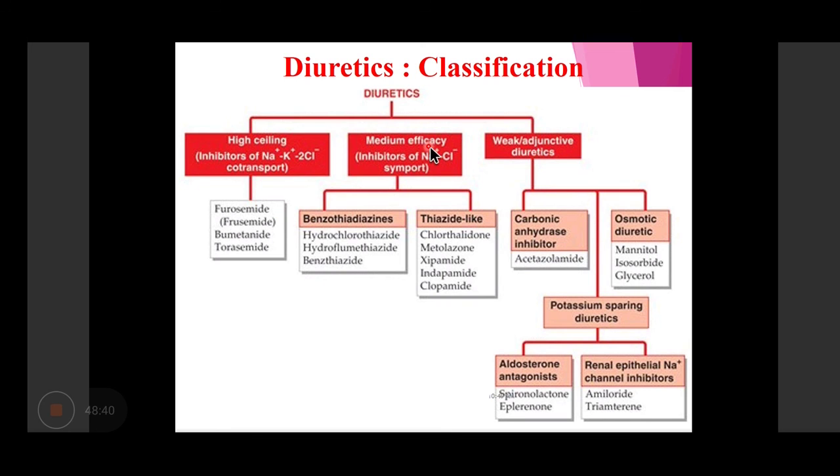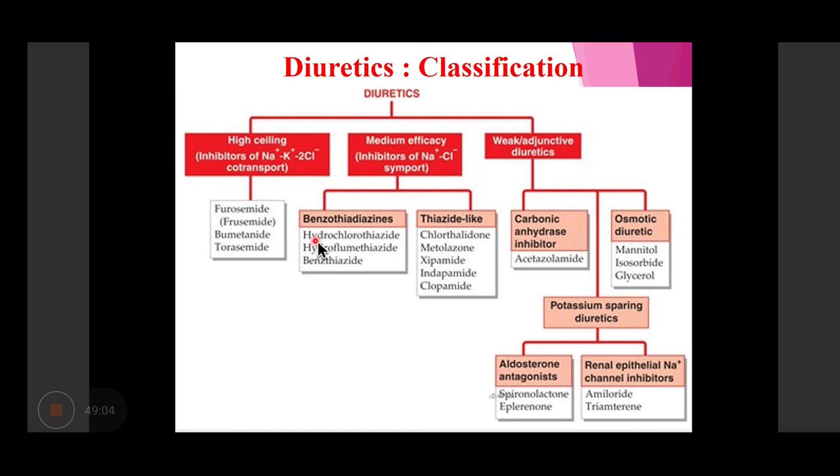Then there are medium efficacy diuretics which inhibit the sodium chloride symporter. This symporter is present at site 3, which is the cortical diluting segment of loop. So in this there are thiazides and thiazide-like diuretics.